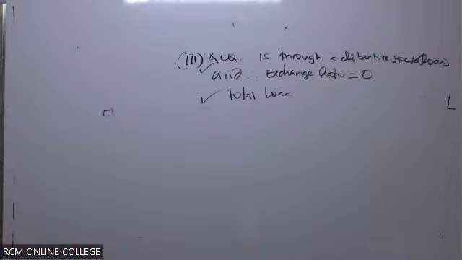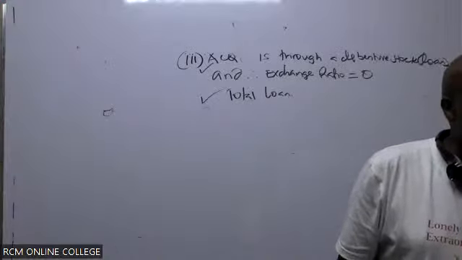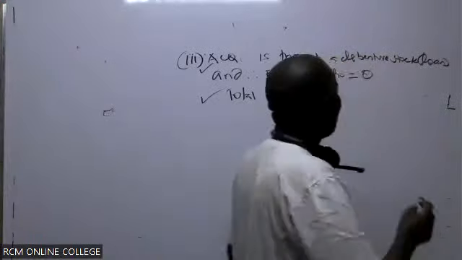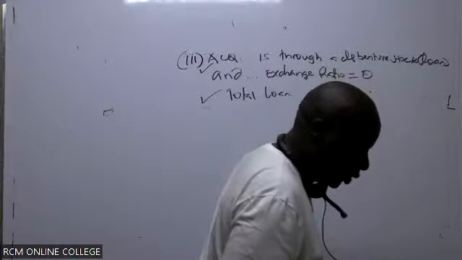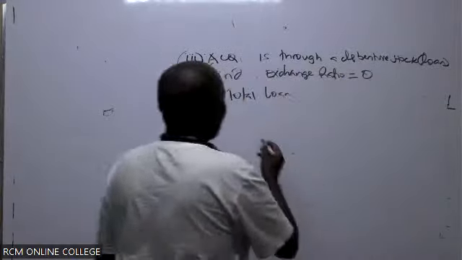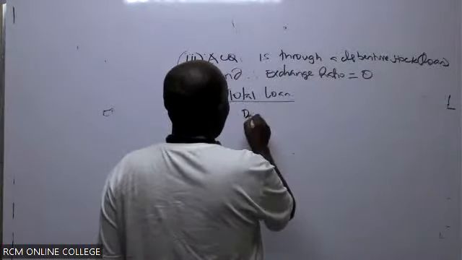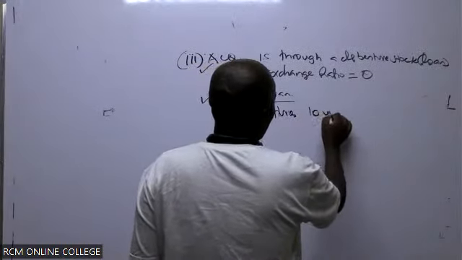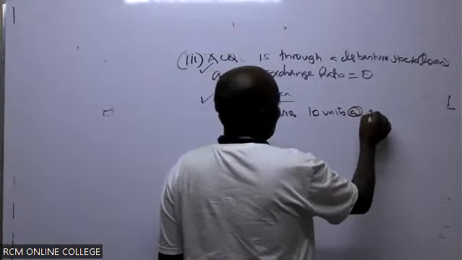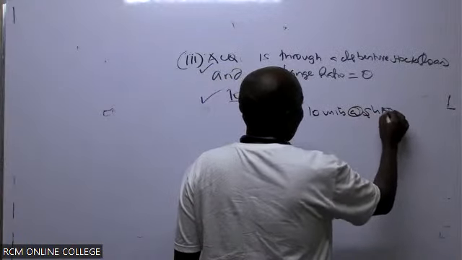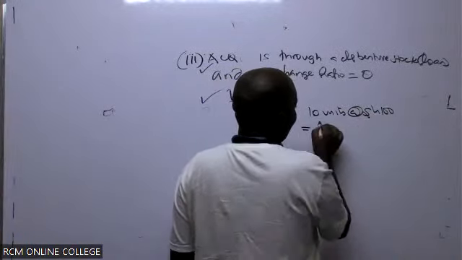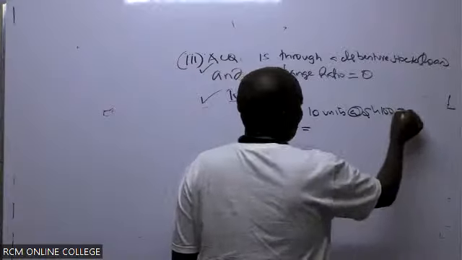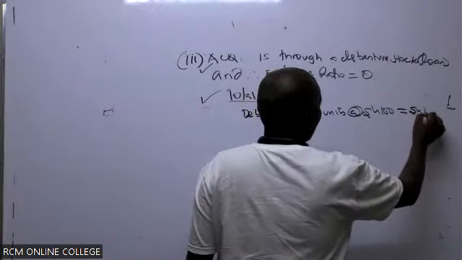You know, it's very easy. First of all, you see 10 units of debenture, each worth 100. So 10 units, and each is worth shillings 100, which basically gives us debentures of shillings 1,000.